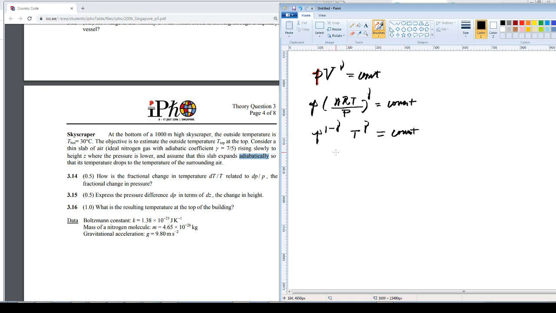And then we take a derivative on this using the product rule.